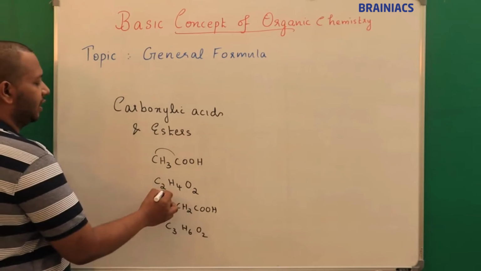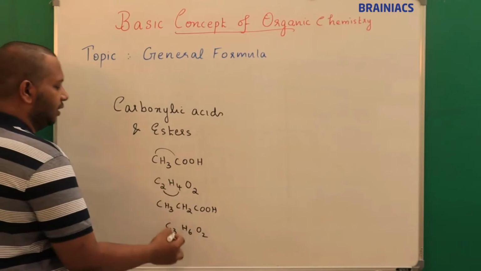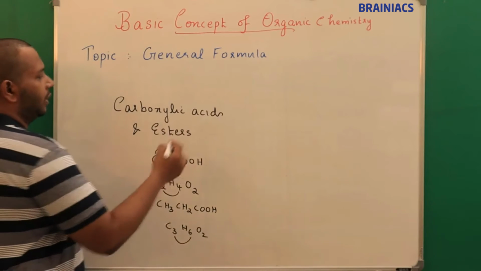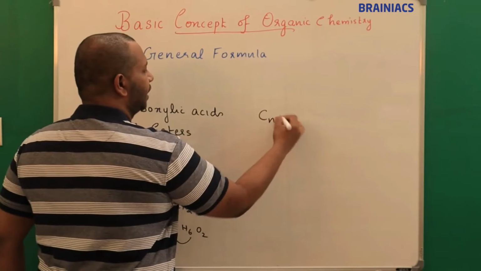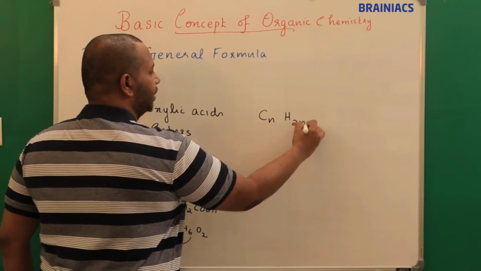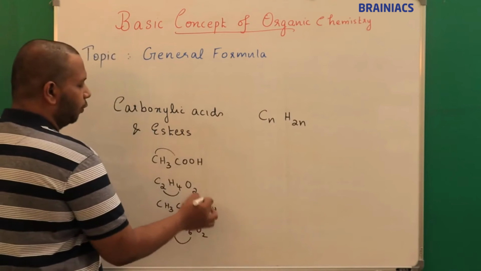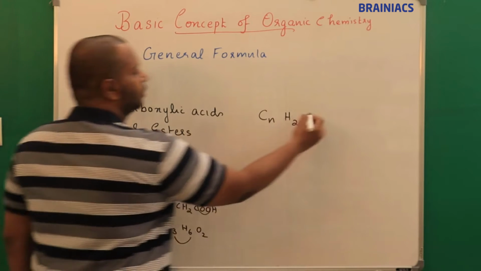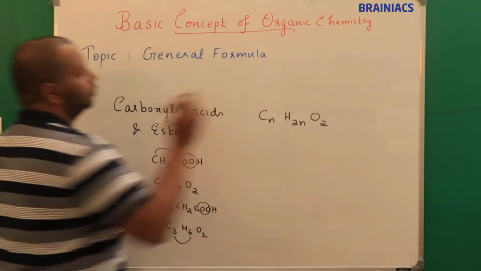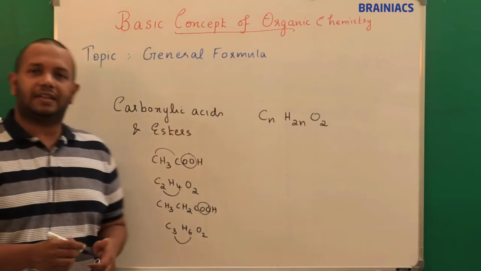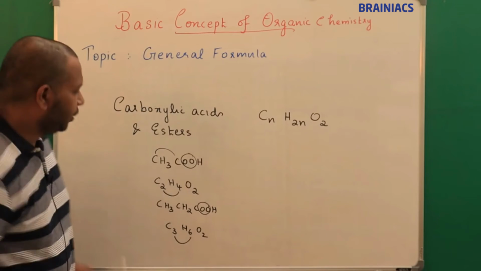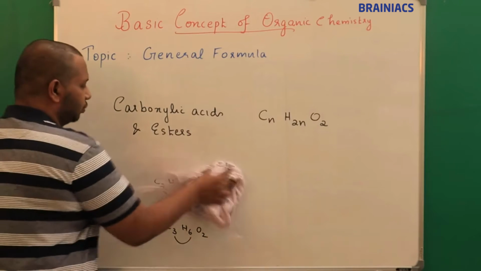So we know that here 2 means it's a multiple, 2 times, and 3 means 3 into 2. So again the formula should be what? If this is N, H should be 2 times N. And how many oxygen? The number of oxygen always remains fixed, so that will always be O2. So this is the general formula for carboxylic acids or esters. Now you can verify this for esters as well.